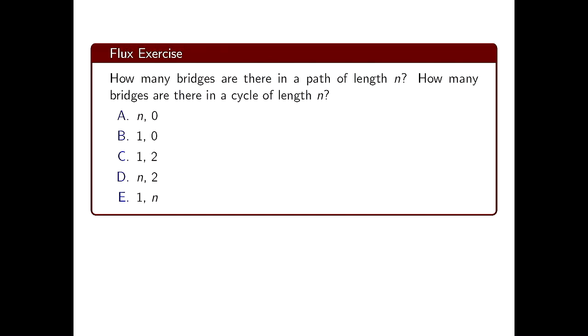So the fact that you could remove 2 things to disconnect the graph doesn't mean there are bridges. So there can't be 2 bridges? There could be 2 bridges, but if there are 2 bridges, that means that each individually would have to disconnect the graph, not that they do so together. Okay.